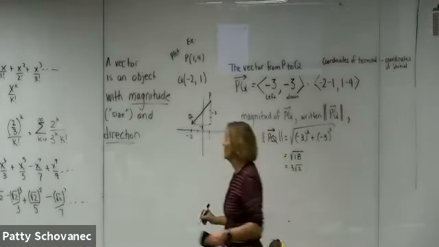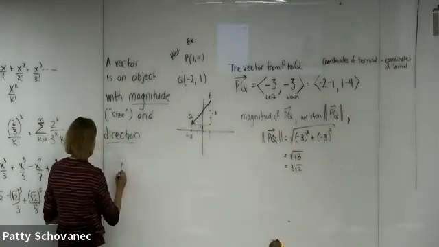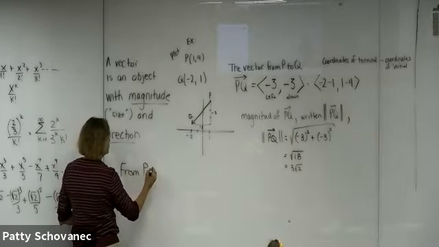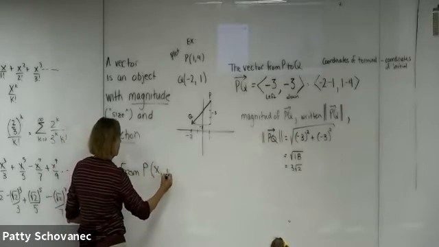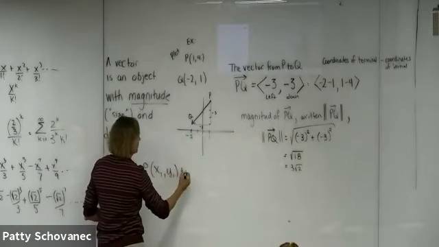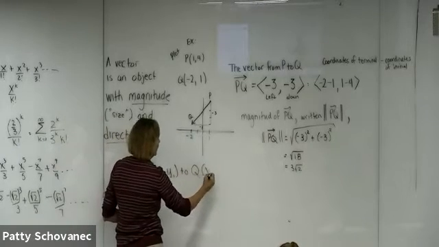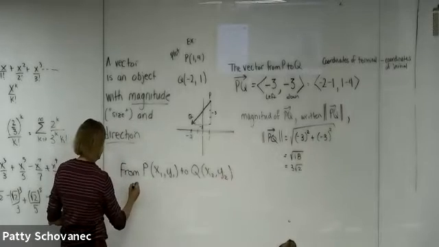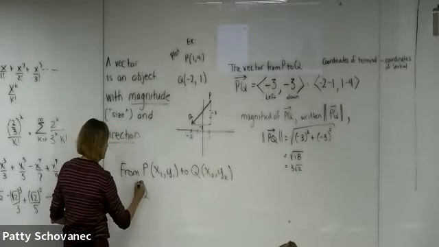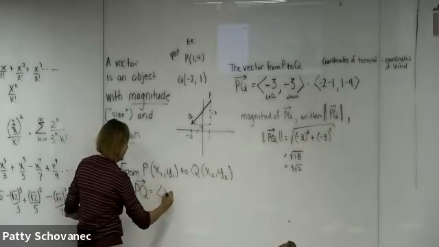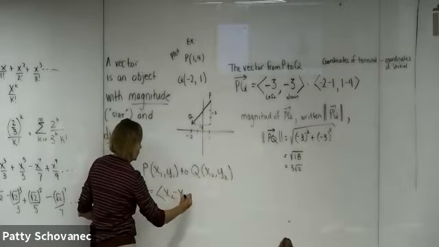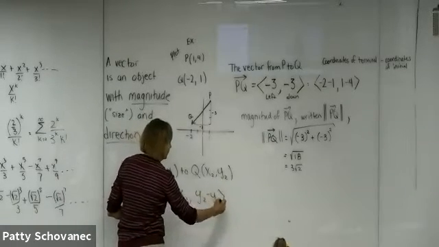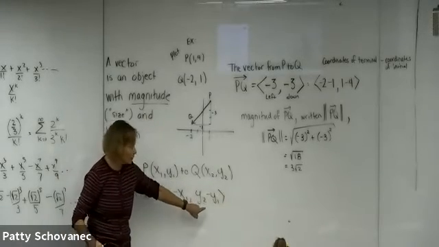So in general, if I'm going from point P, whose coordinates are x1, y1, to point Q, x2, y2, from P to Q gives me the vector PQ with components x2 minus x1, comma, y2 minus y1, in the x direction and in the y direction.